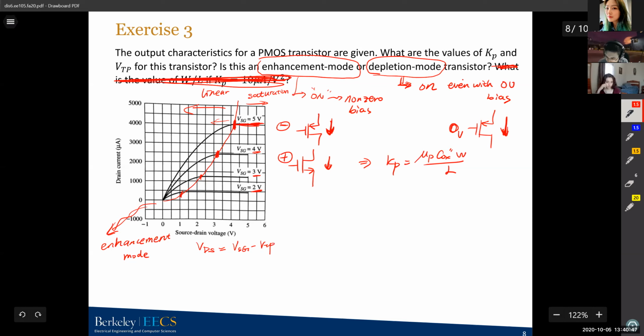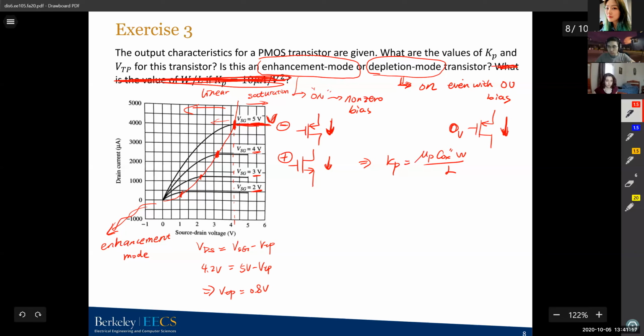This is where saturation occurs. Using these 4 points, or you can just choose one of them, you can solve it. Let's choose this point. This is when VSG equals 5 volts. 5 volts minus VTP equals 4.2 volts. Then you can solve your VTP, which is 0.8 volts. Pretty straightforward. And what's your KP?